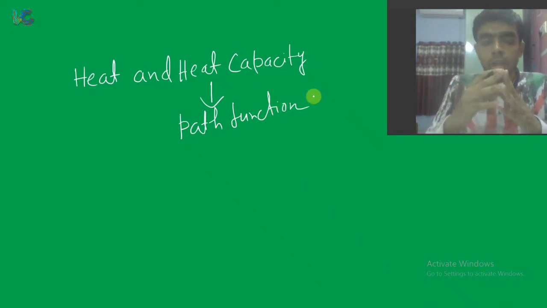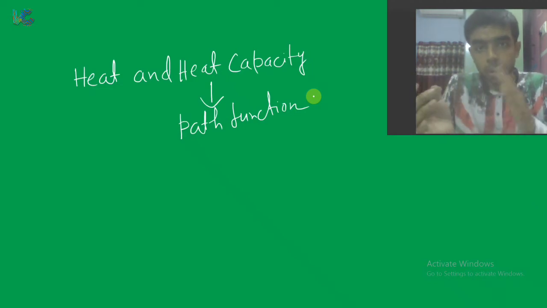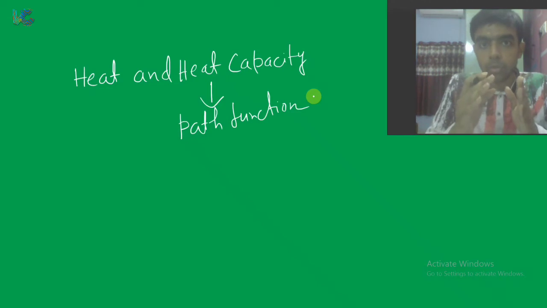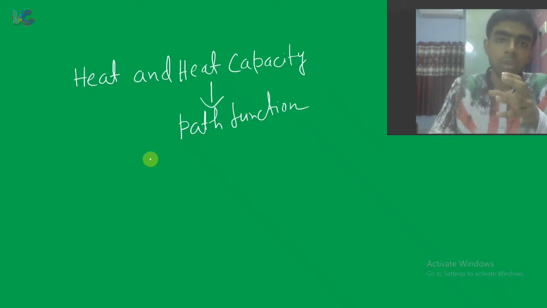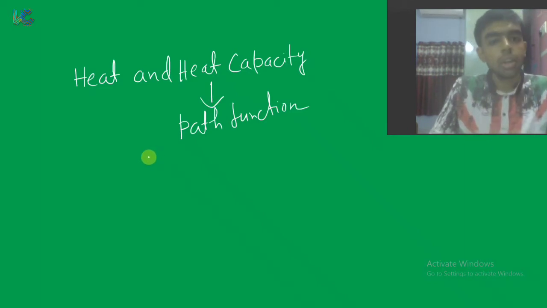That means when I am going from the initial state to the final state, the path I am taking to achieve the final state is important to us in case of a path function. As heat capacity is a path function, we have to take into consideration the path which is taken to achieve the final state from the initial state.